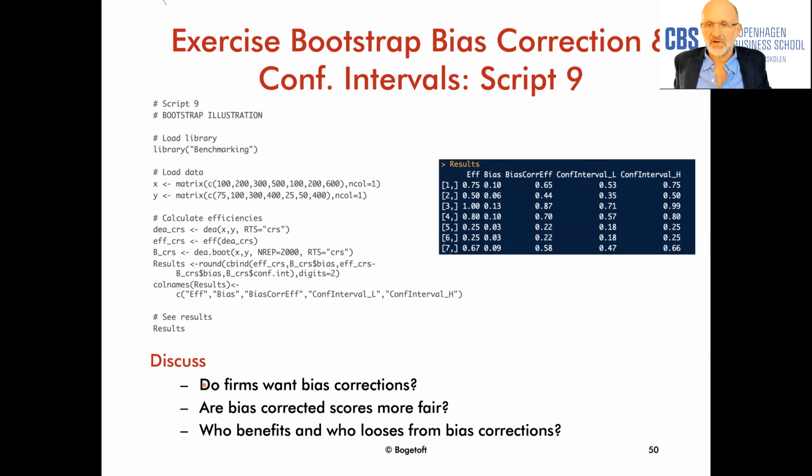So no one has really picked it up. You can also imagine that the firms might not want to have bias corrections because bias correction always makes them look worse, because we compare to a tougher technology. One can, however, ask if it is not unfair not to correct for the biases, because just the fact that you have very few comparators, it will give you an easier life, as we also talked about in the subsampling approach.